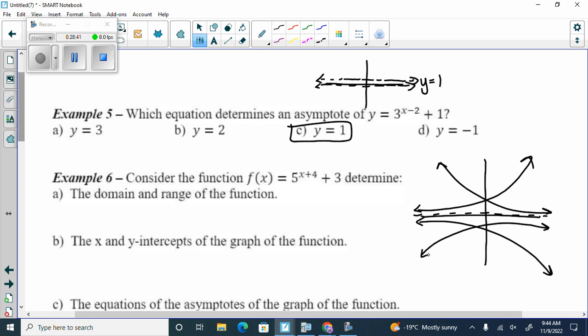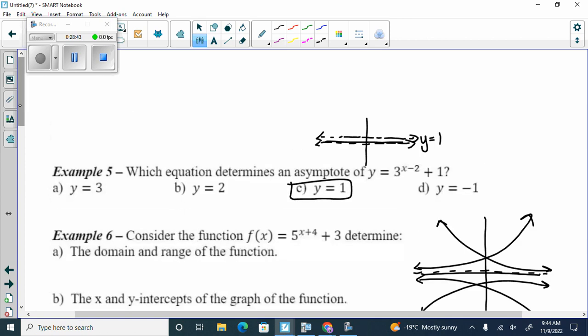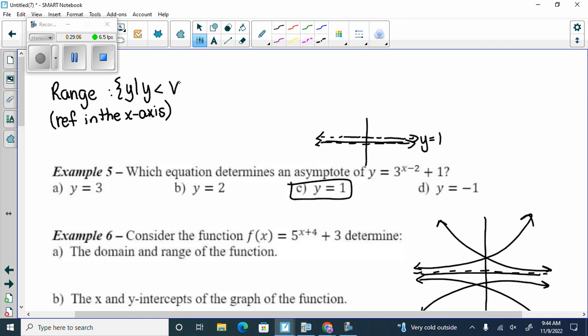We agree? So a way you can think about it for range: if you have a reflection in the x-axis, it causes the whole thing to go downwards, right? Then your range is going to be y such that y is less than the vertical translation. Please don't write VT on the test. Actually write what the vertical translation is, because that's your asymptote.